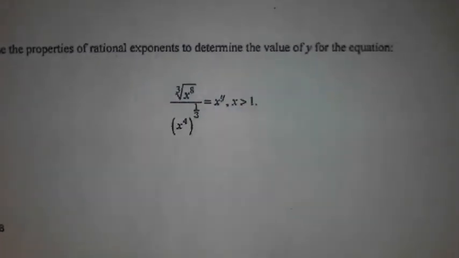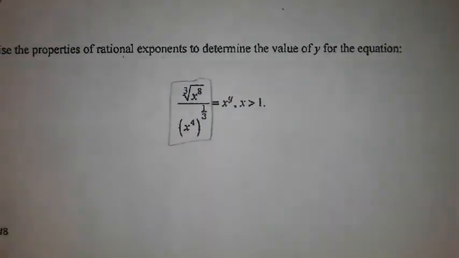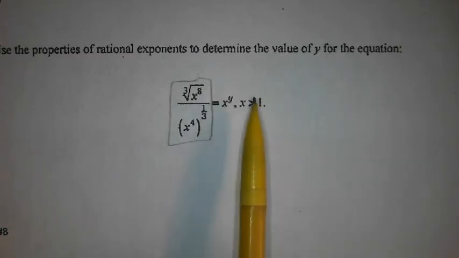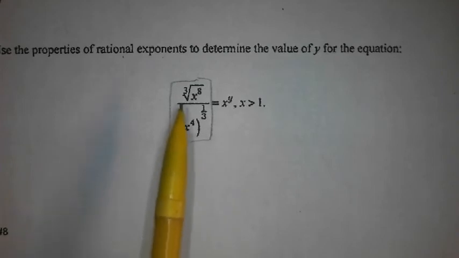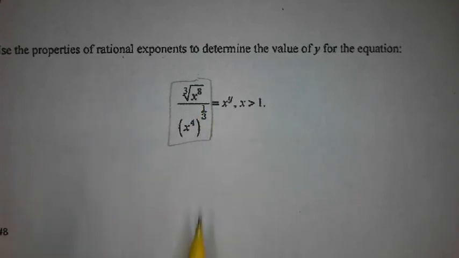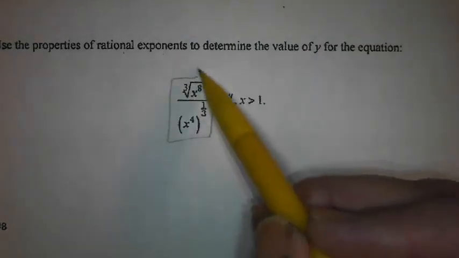So they pretty much want you to simplify the left-hand side into x to some power and figure out what that power y is going to be. The fact that x has to be greater than 1 is just a fine detail. Doesn't really matter. You can't do this if your base is a negative number, so they're just saying that. But essentially, simplify this.